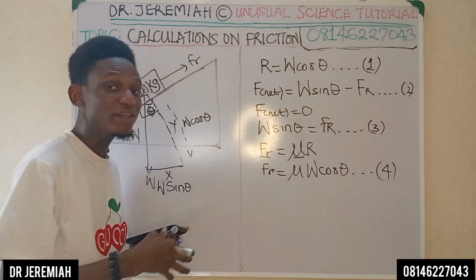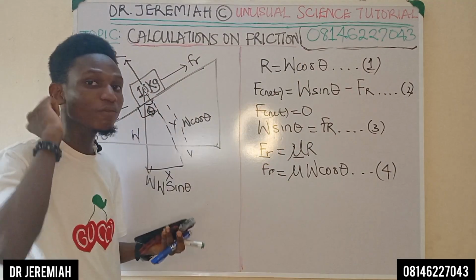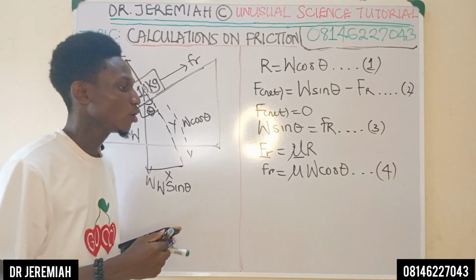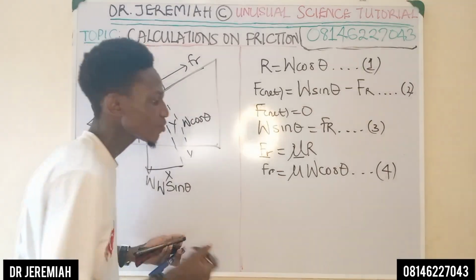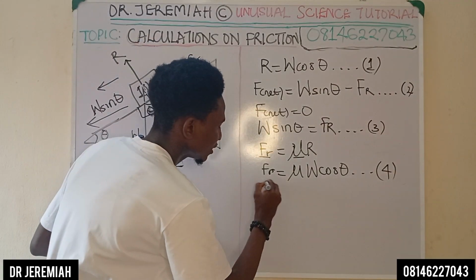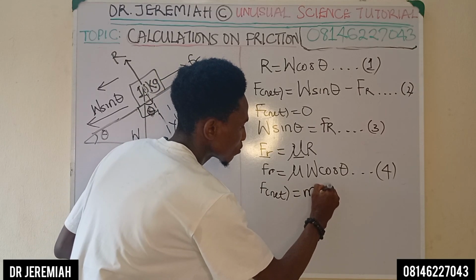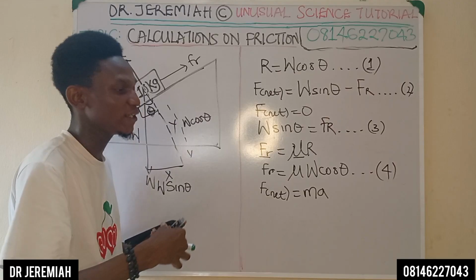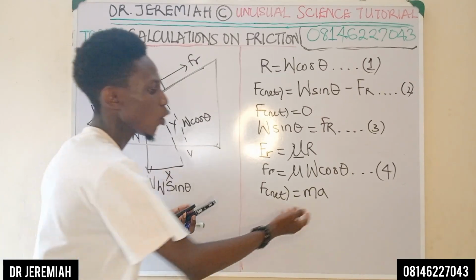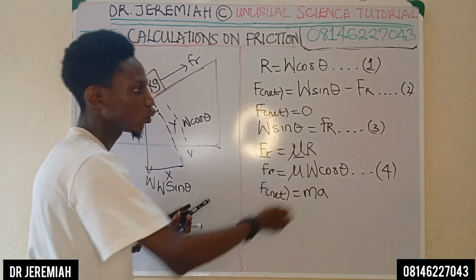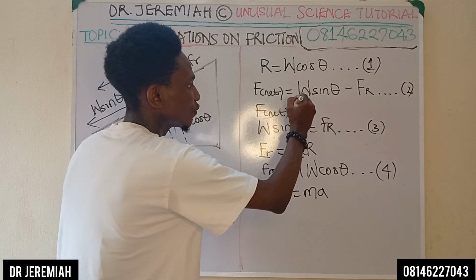You see, I've given you simple derivation, which means you can solve any question on inclined plane. And also lastly, note that net force, I think I said this in the previous video, equals to mass times acceleration. So in case they say find the acceleration of the body, all you just need to do is, for instance, now I'm finding the acceleration of the body here.